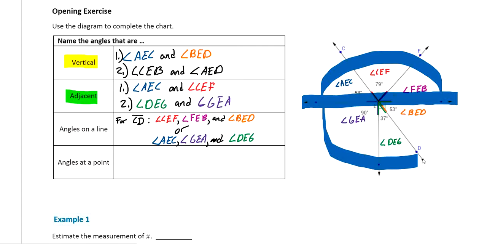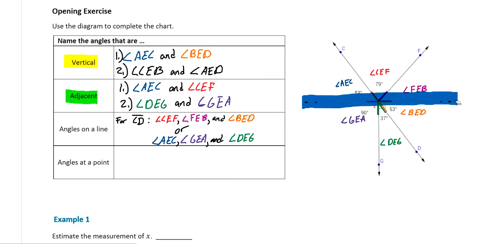Or you could include these three angles as angles on that line, top or bottom, up to you, just as long as the angles combined form a straight line after you're done doing all that rotation.